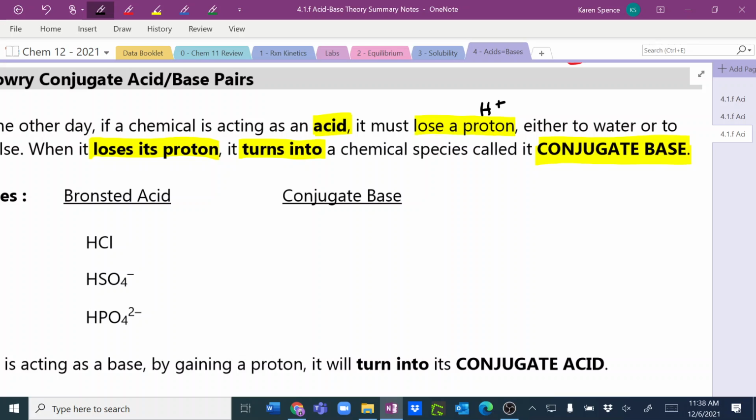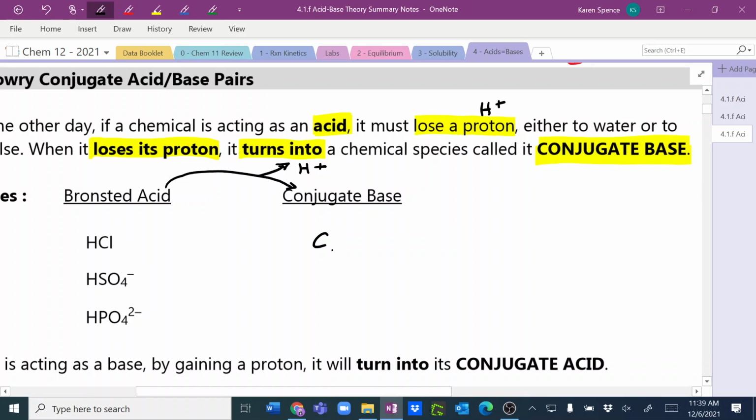so to go from a Bronsted Lowry acid to a conjugate base, what has to happen is that a hydrogen ion has to come off. So what would we end up with for the conjugate base of HCl?